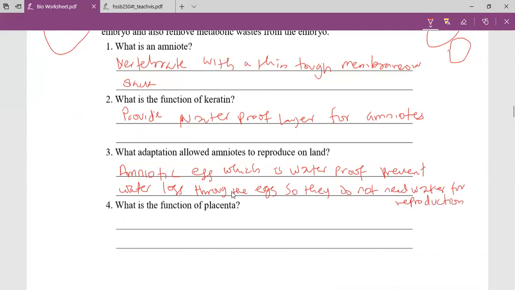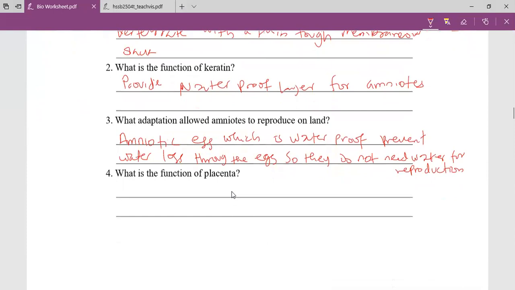Now, what is the function of placenta? It carries nutrients from the mother to the offspring.